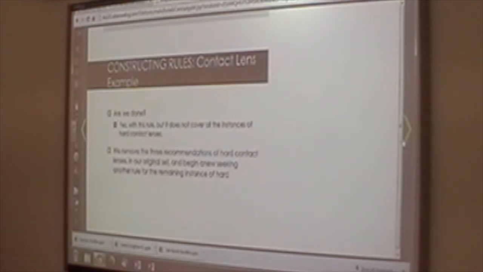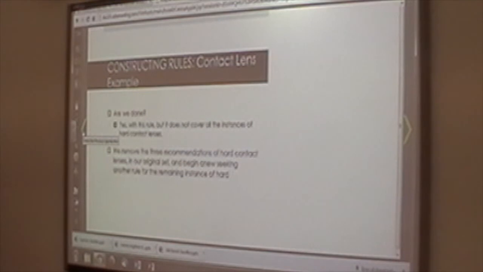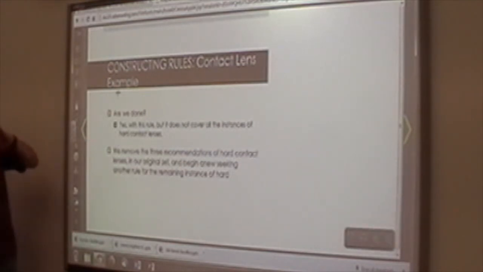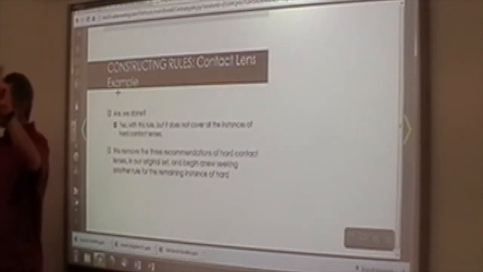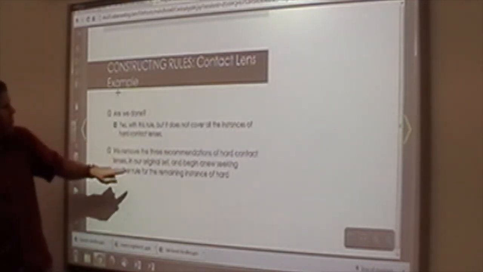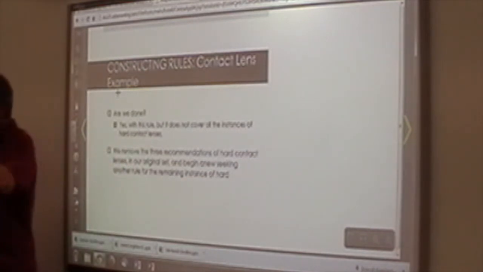And so what we're going to do, backing up here, is begin the process over again. But before we do, we're going to remove all the instances that we did cover, because otherwise we'd just be repeating the process.